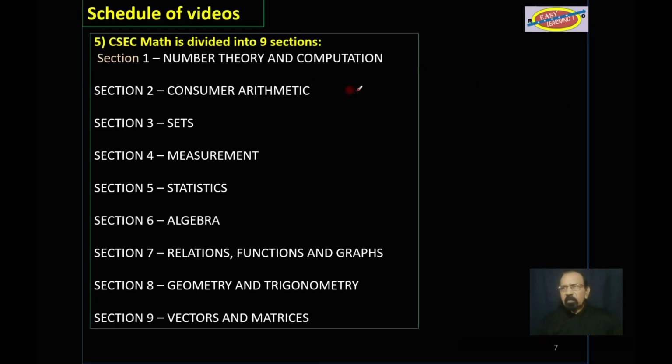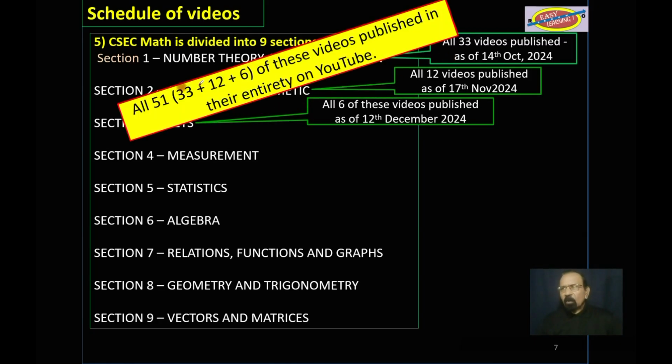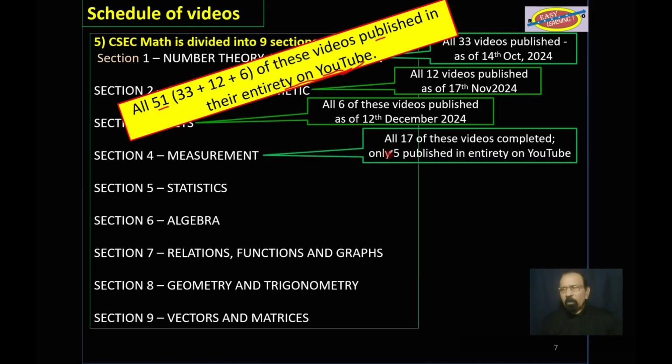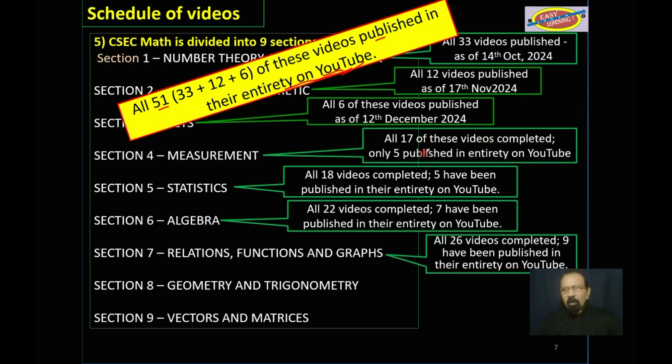Schedule of videos, sections 1, 2, and 3. All 51 of those videos have been published on YouTube in their entirety. Please make good use of them. Section 4, 5, 6, and 7: some of these videos have been published on YouTube in their entirety, as seen here.